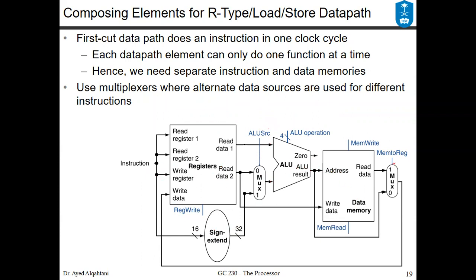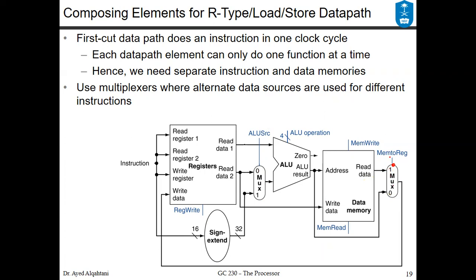For this multiplexer, we have the control called mem to reg, or memory to register. Notice that it's flipped. This mux is 0 and 1, while this mux is 1 and then 0. Be aware of this.